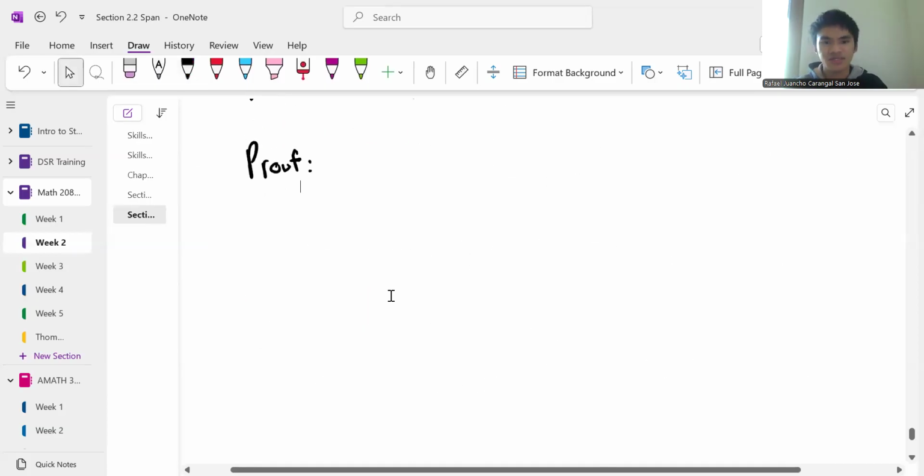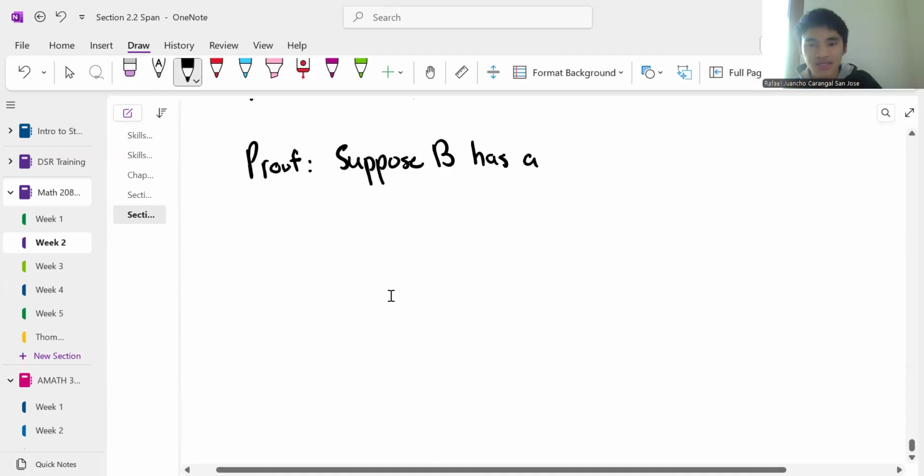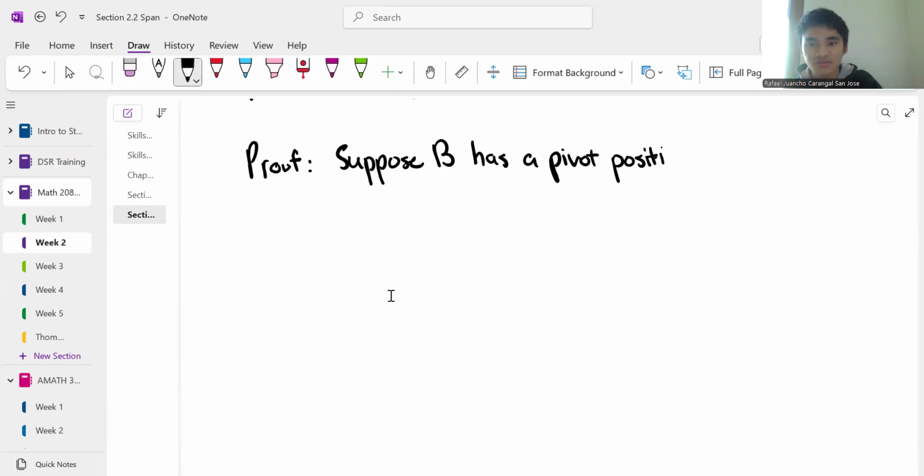So the proof tells us, okay, suppose B is an echelon form, right? And let's say it has a pivot position in every row.